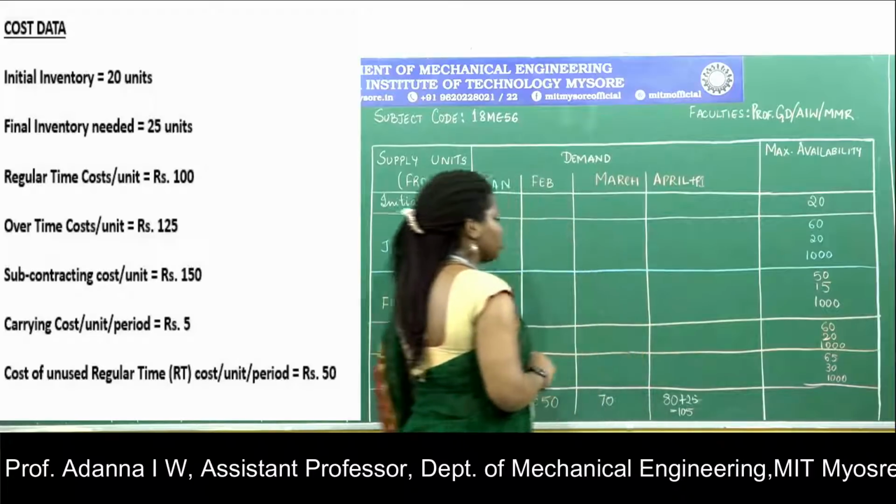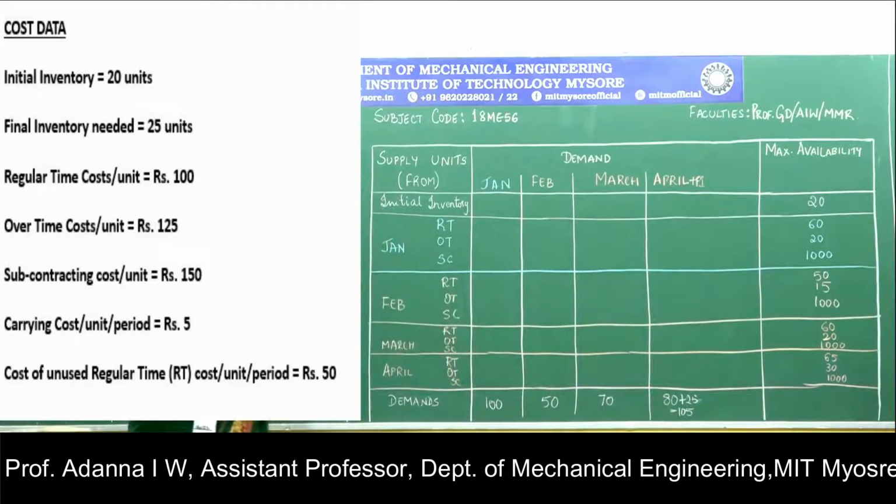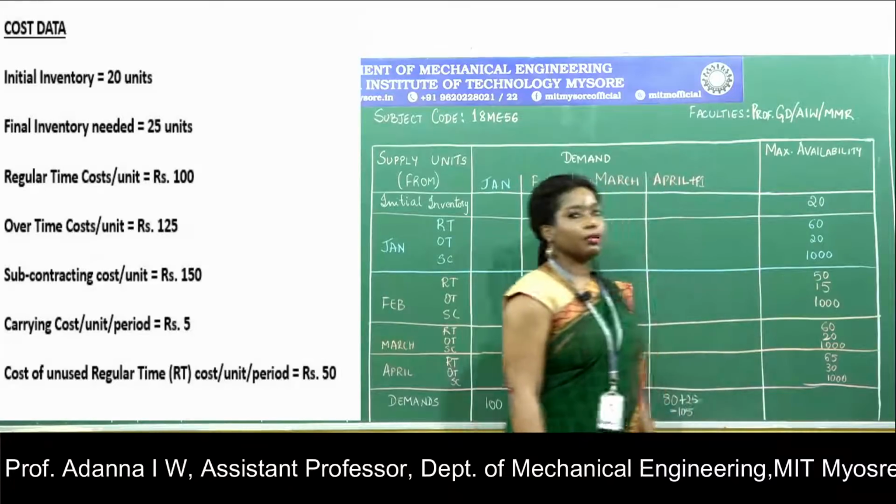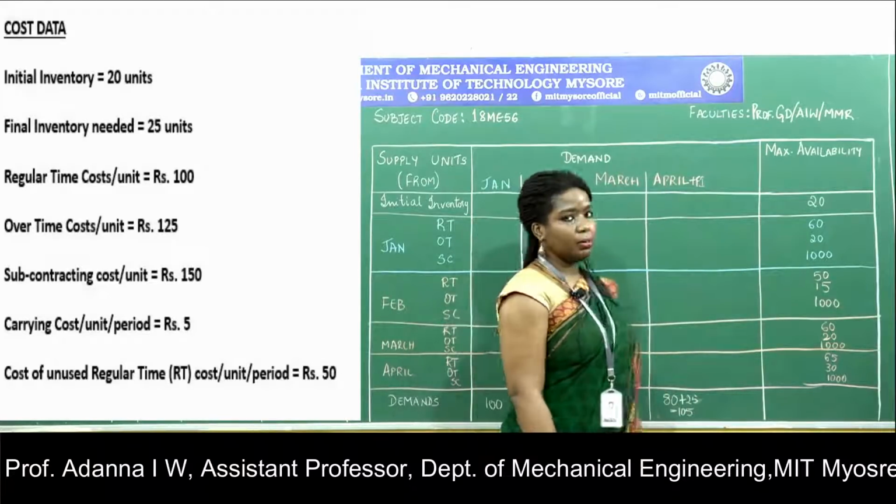Now what you need to do is, like I explained in the transportation model, you need to total both the supply and the demand, make sure that it is equal. If it is not equal, then we need to balance this transportation matrix with the difference between both of the terms. So that means the total of the demand and the total of the supply, both of them have to be equal. If not, they need to be balanced.